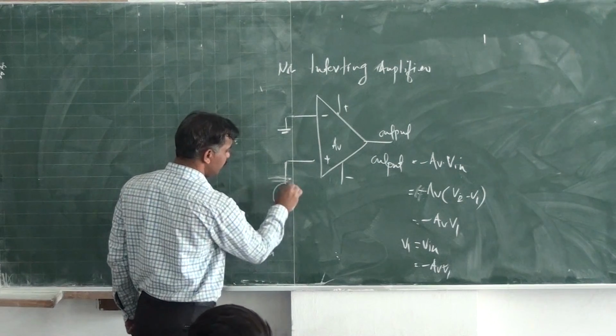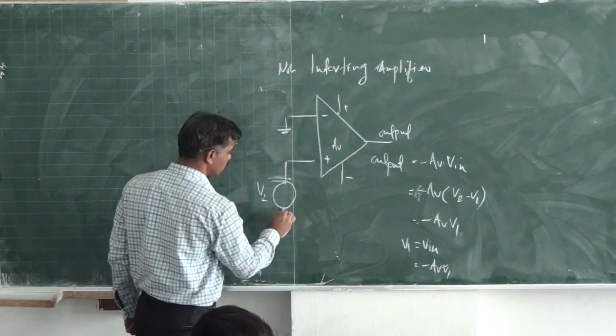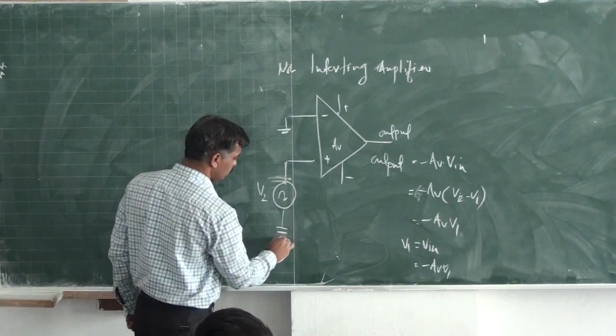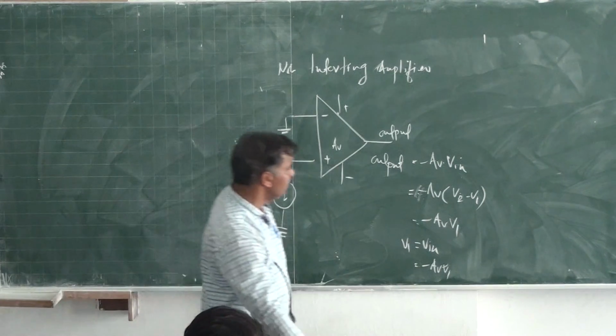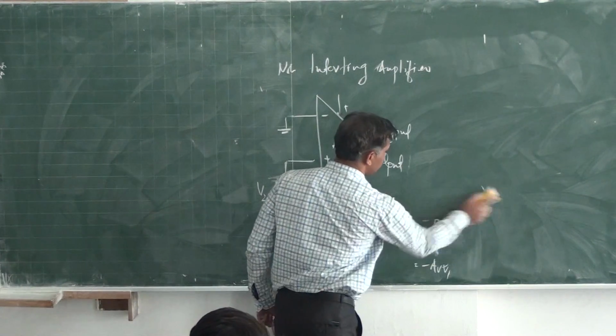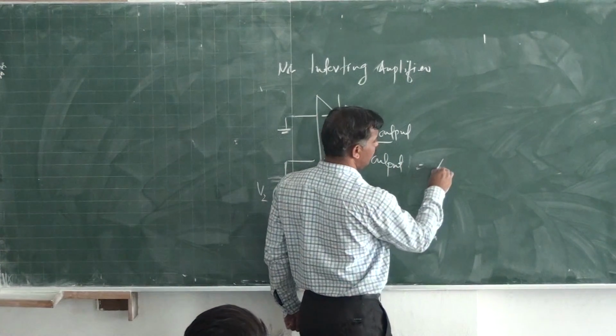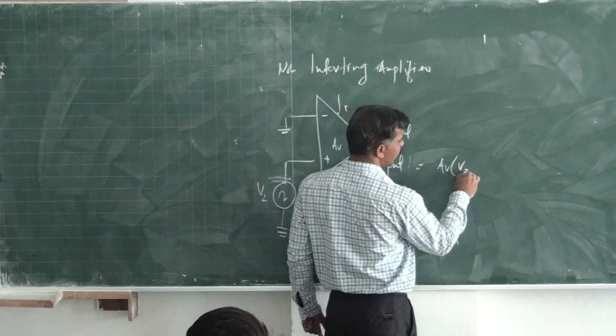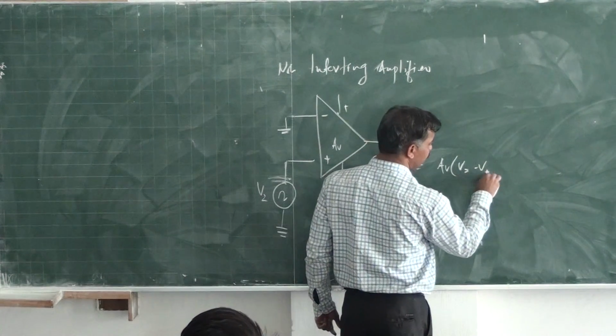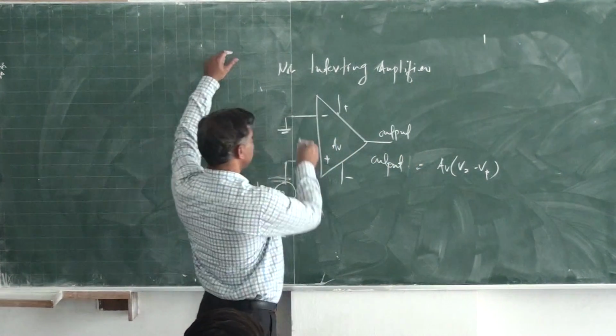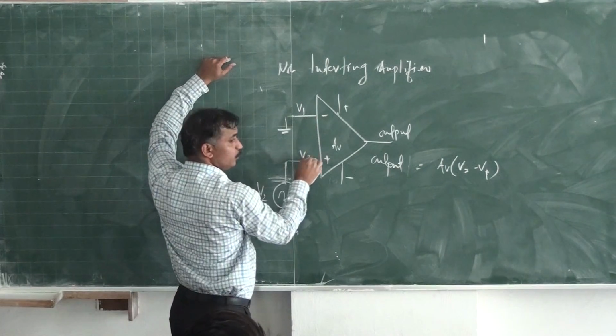Another example: you apply some input, let's say V2, and V1 is connected to the ground. In this case, the output will be AV into V2 minus V1. Let's say this is V1 and this is V2.